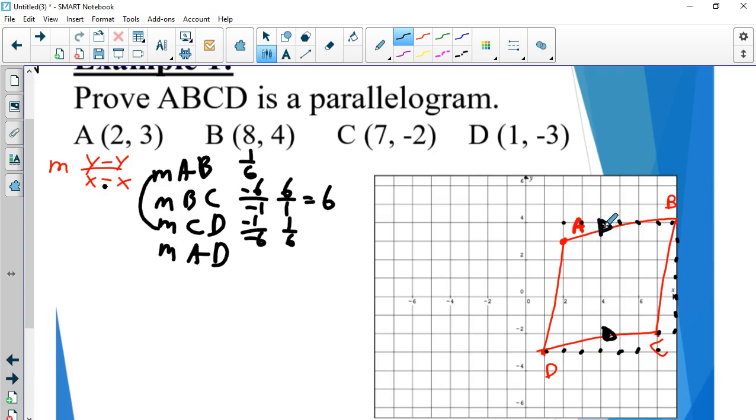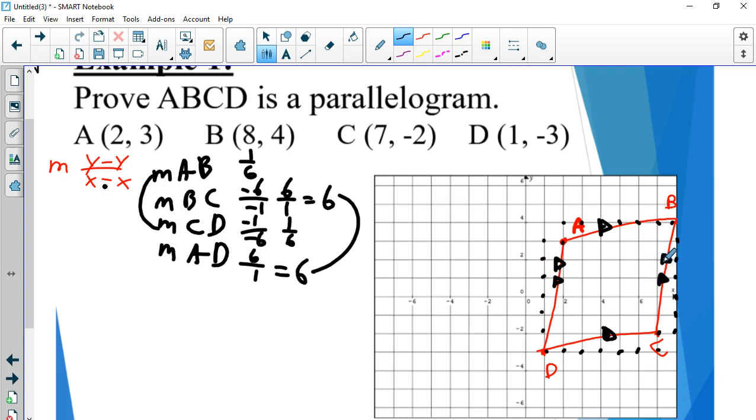And now DA, I go 1, 2, 3, 4, 5, 6, up 6, right 1, 6. These two are parallel. So I can mark those two parallel.